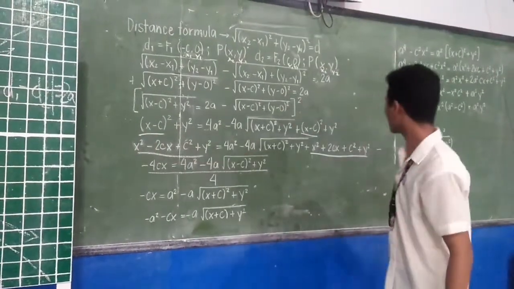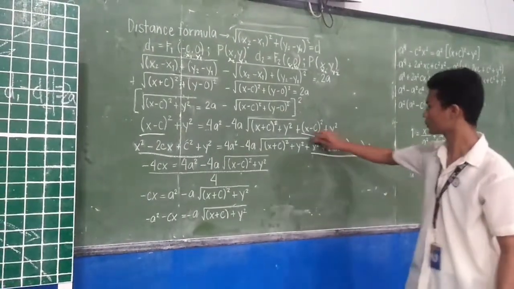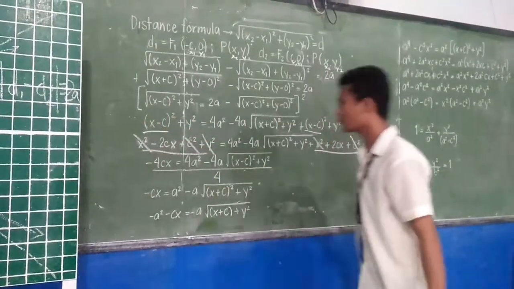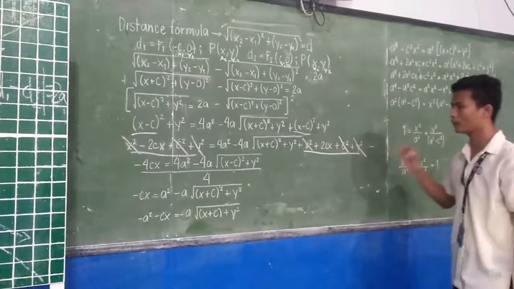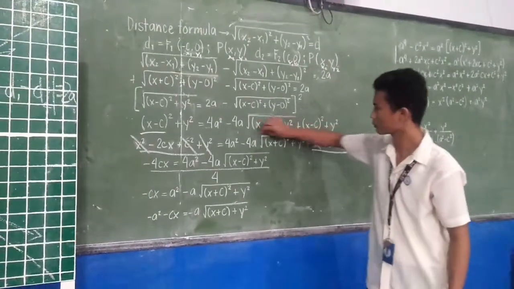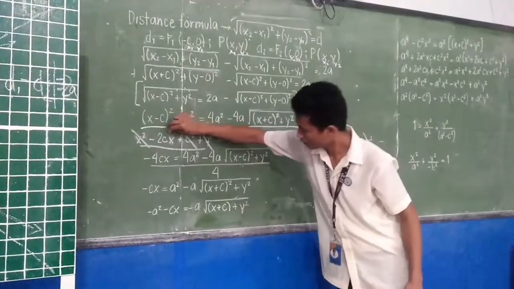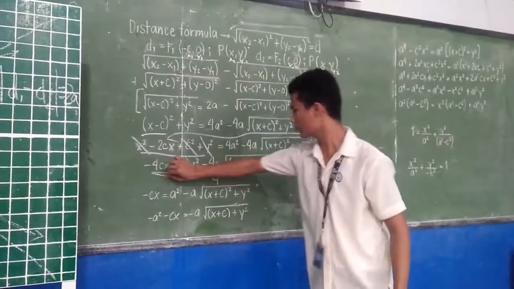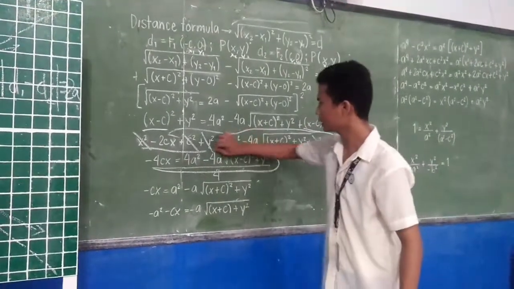Like terms from the opposite sides will be cancelled out. After we cancel the like terms, we will combine like terms, and we will get this formula.